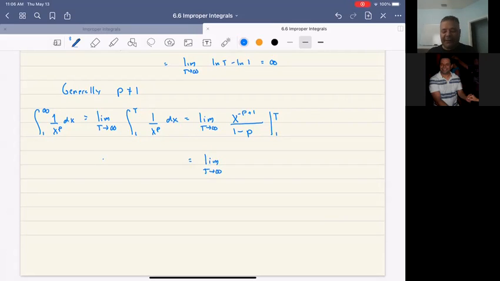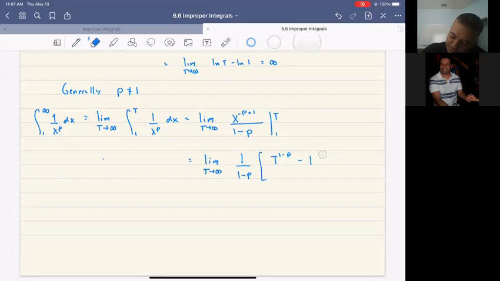As t goes to infinity, this is going to be 1 over 1 minus p, and then t to the 1 minus p minus 1 to the 1 minus p, which is just 1. Now, what happens as t goes to infinity?